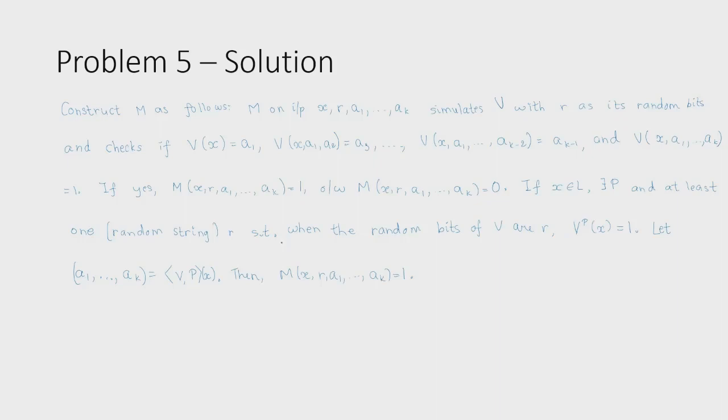Now, conversely, if there exists y in {0,1} to the, let's say, some polynomial size of x such that M(x, y) is equal to 1.